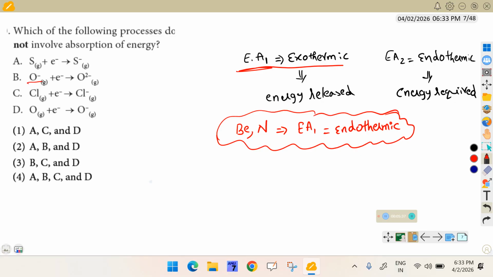This is the EA2 process; between negative charges repulsions are present, so it is an endothermic process. This is exothermic, exothermic, exothermic. That means A, C, D are exothermic. First option is correct.